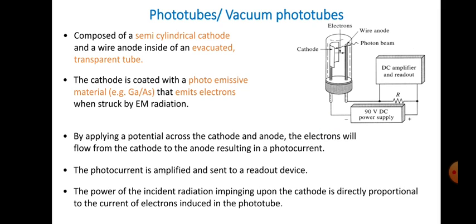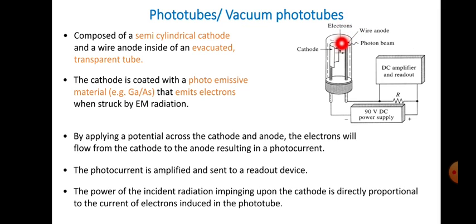So by applying a potential across the cathode and anode, the electrons will flow from cathode to anode, resulting in a photocurrent. So the light which is coming out of the sample holder will be projected towards this detector.